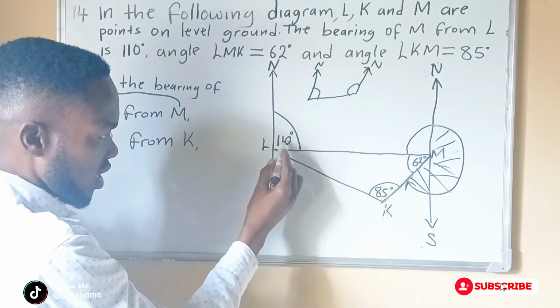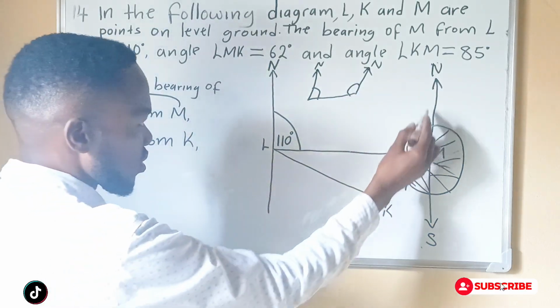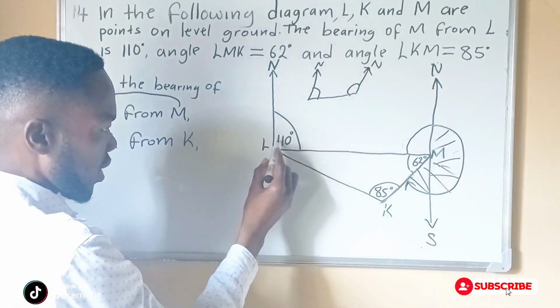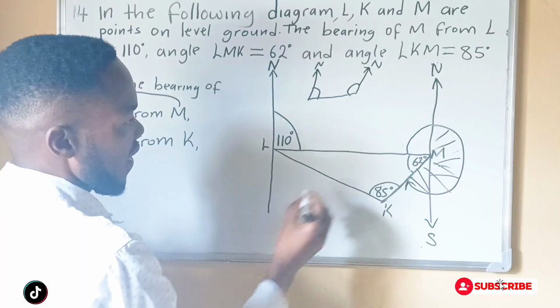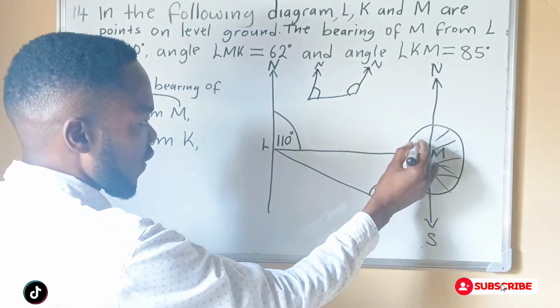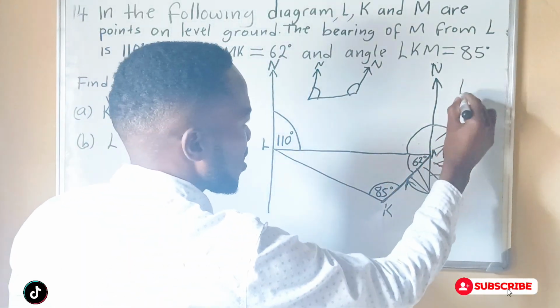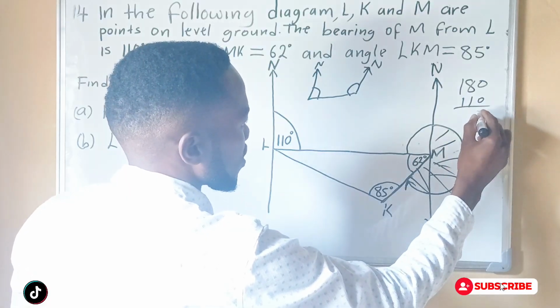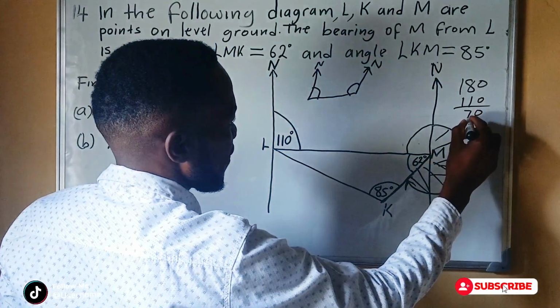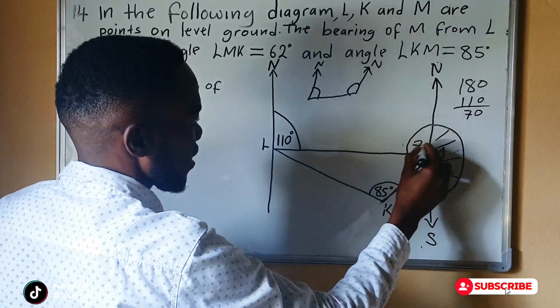So the angle 110 is here, and for you to find the other angle, you say 180 minus 110. It will give you 70.